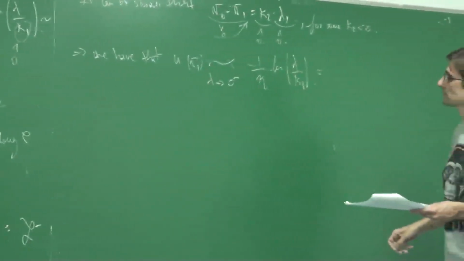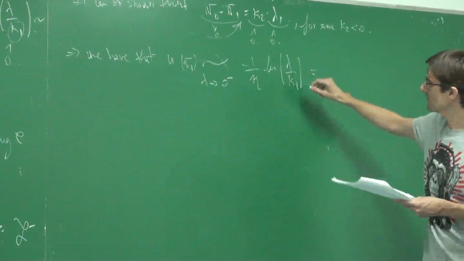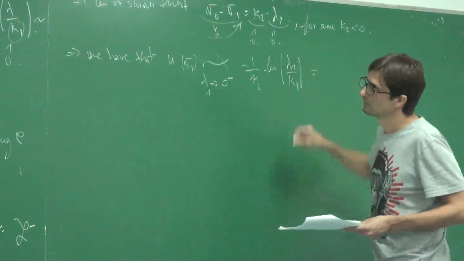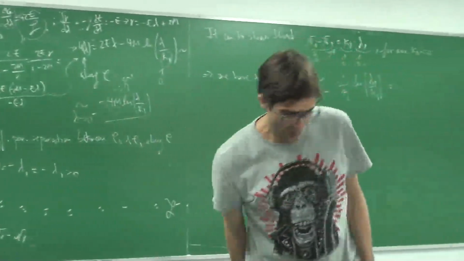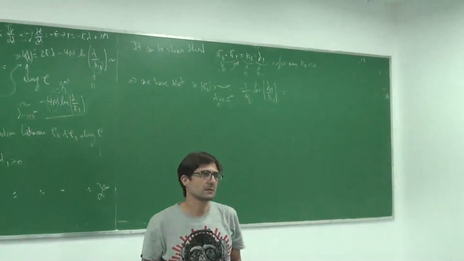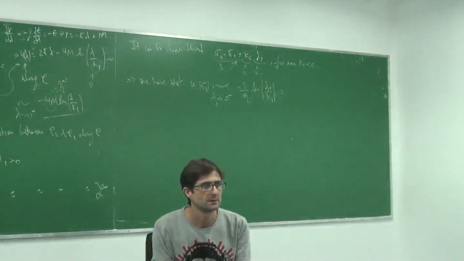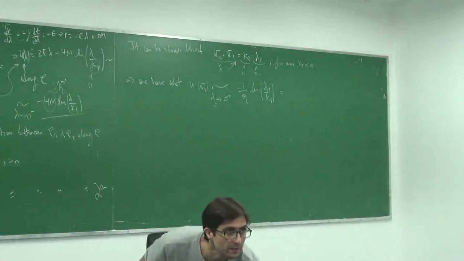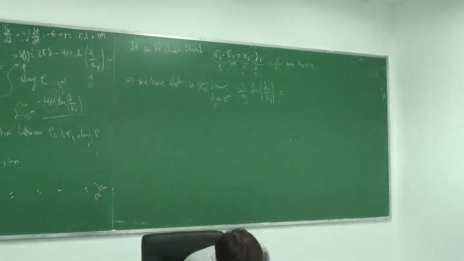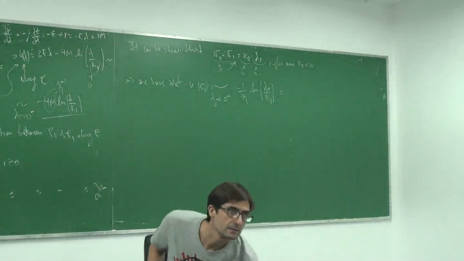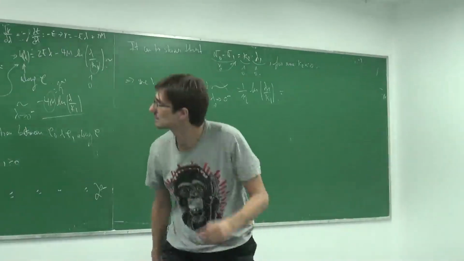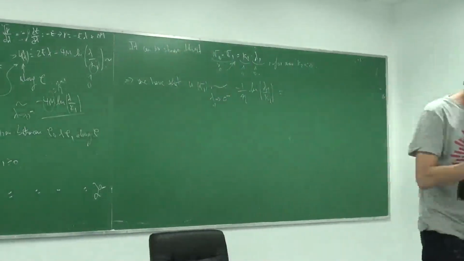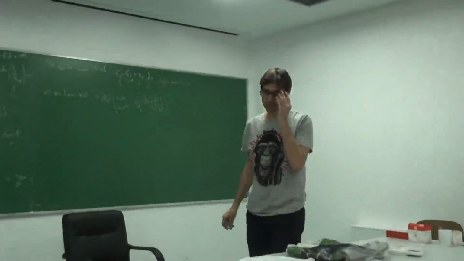And this is as lambda 1 goes to 0, as the geodesic C1 gets close to the geodesic C0. The distance between the neighboring geodesics C0 and C1 gets to 0, and I'm letting C1 approach C0.